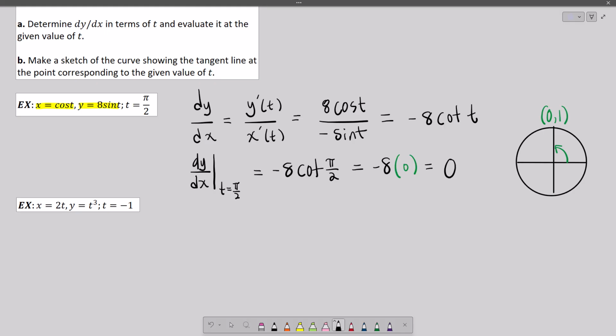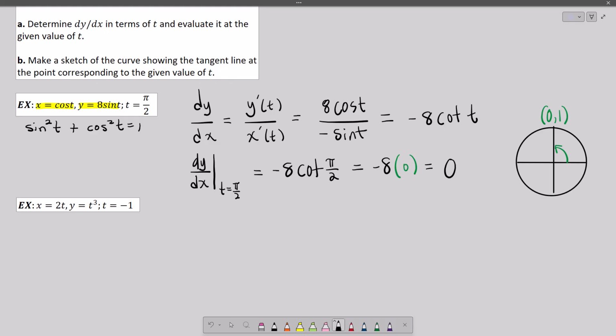So if we were to graph this, what do you think the graph of this is going to be? We have a sine and a cosine, but different coefficients. It's going to be an ellipse. Let's graph it real quick, since we're pros at this now. What is sine equal to in this?